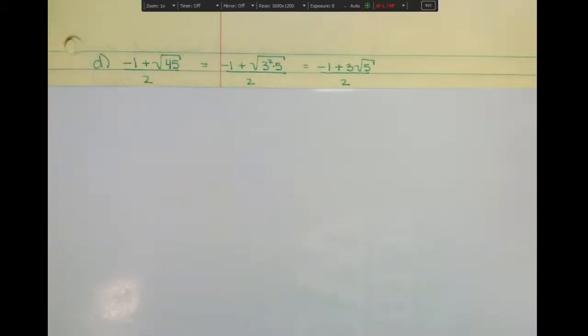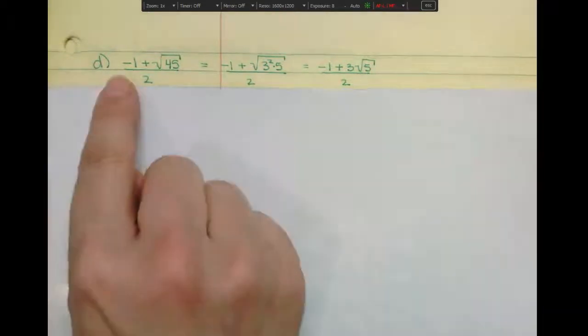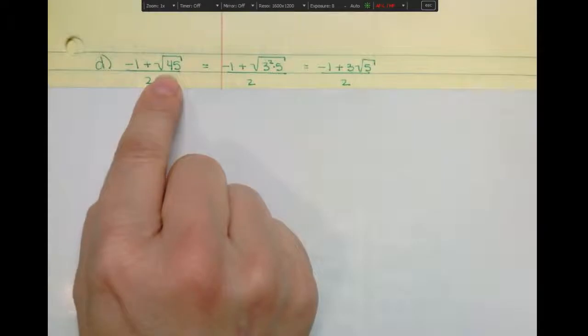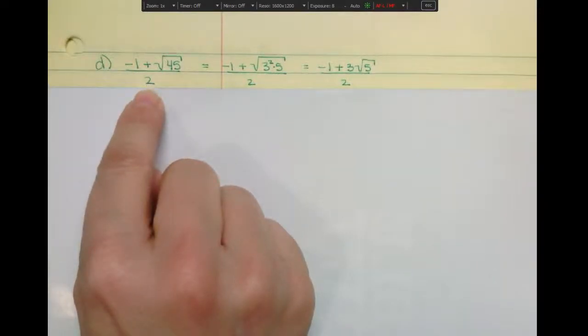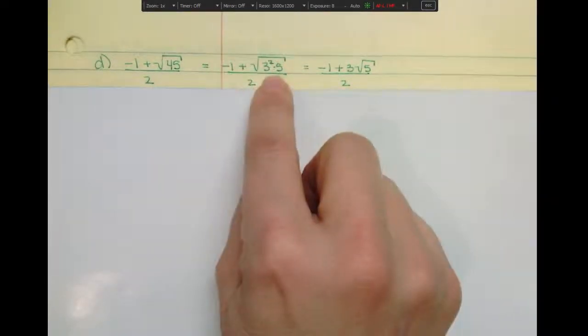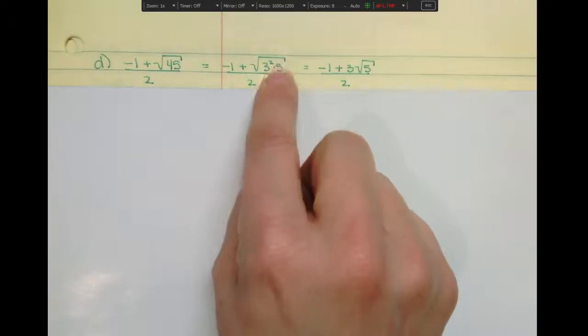For one of your class problems, I'm going to show you an example very similar. So I have -1 plus the square root of 45 all over 2. The square root of 45 I can break down into 9 times 5, but 9 is 3 squared. So I can simplify the radicand because I have a 3 squared.